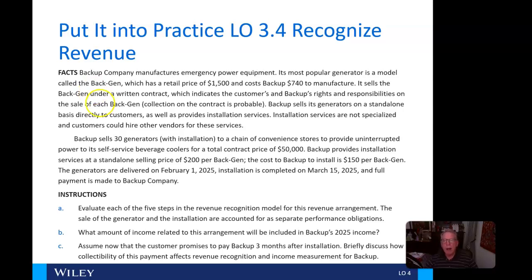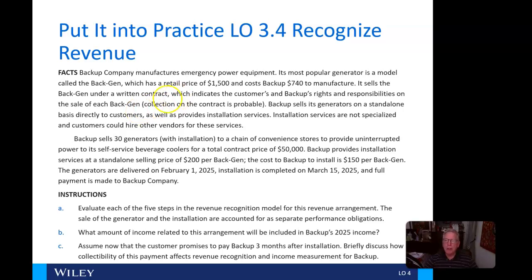Collection on the contract is probable, so Backup sells its generators on a standalone basis directly to customers, as well as provides installation services. Installation services are not specialized, and customers could hire other vendors for these services.